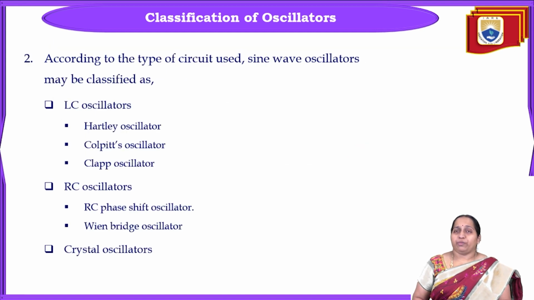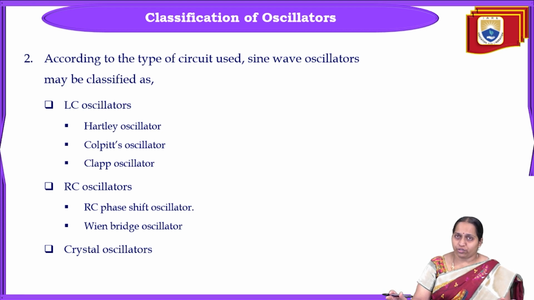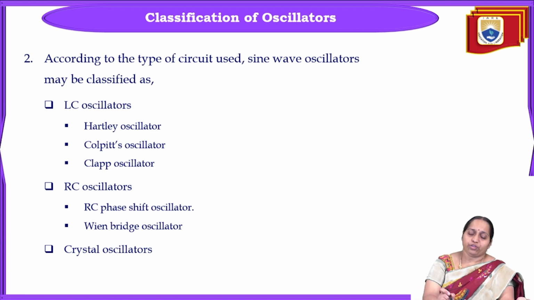Then, based on the type of circuit used, sine wave oscillators are classified as LC oscillators, RC oscillators and crystal oscillators. In order to generate sinusoidal oscillations, we use different types of circuits. So based on the type of circuit used, we again have 3 types: LC oscillators, RC oscillators and crystal oscillators.